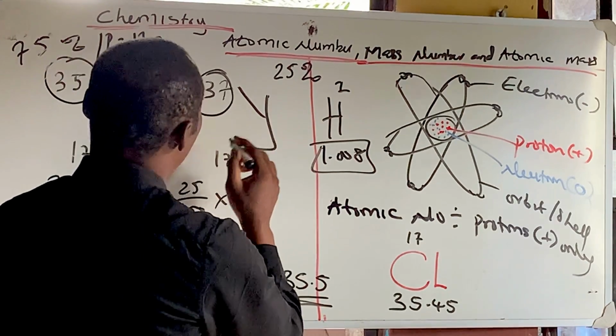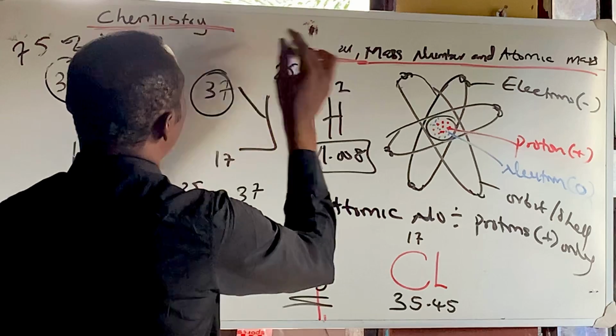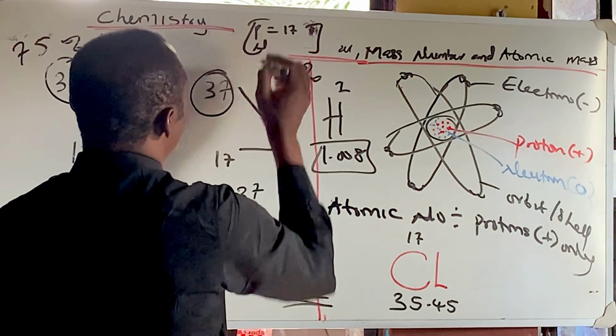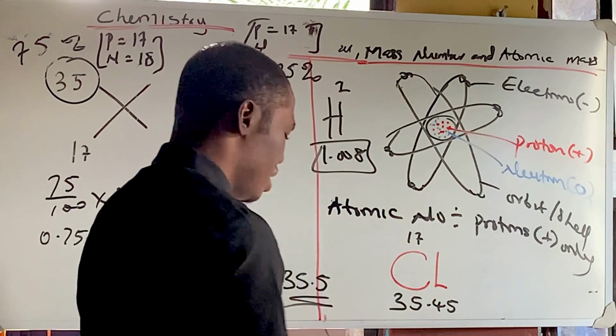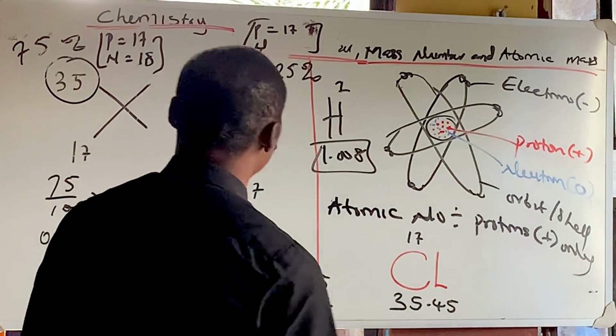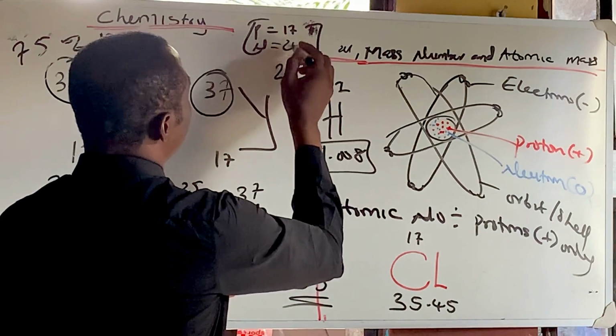Let's check for this other one. It has a proton number of 17. The neutron number will be 37 minus 17, that is 20.